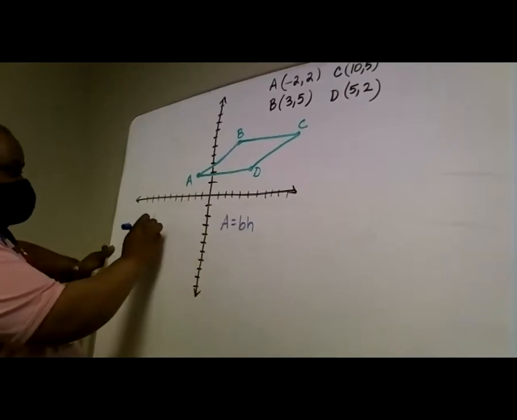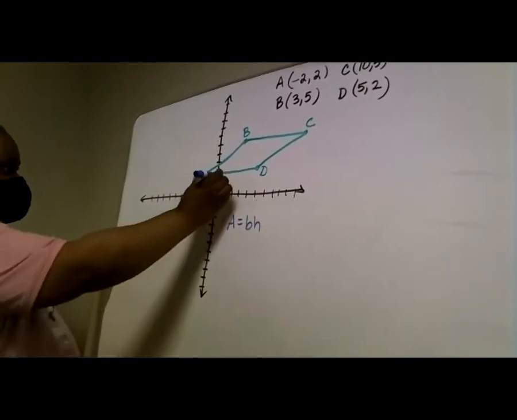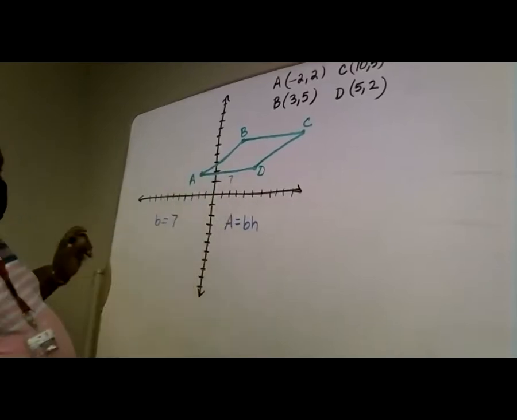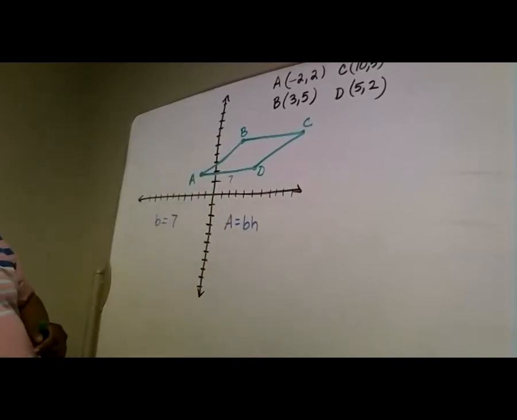So here that base is 7 because the distance from A to D is 7. I know that's hard to see because I don't have a coordinate grid that has those numbers.